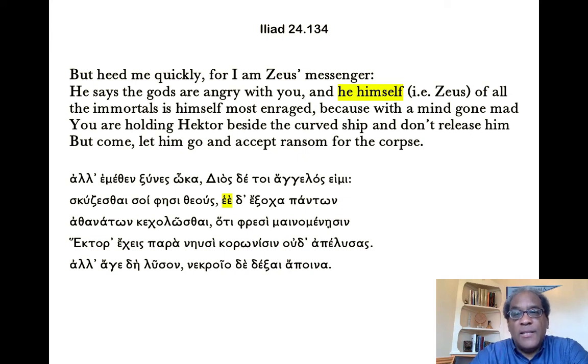But Achilles has been driven out of his mind by the fact that Hector killed his best friend and lover Patroclus. And in the first book, of course, we've already seen how Agamemnon, because he has his own personal issues, refuses to receive the ransom for the captured girl.